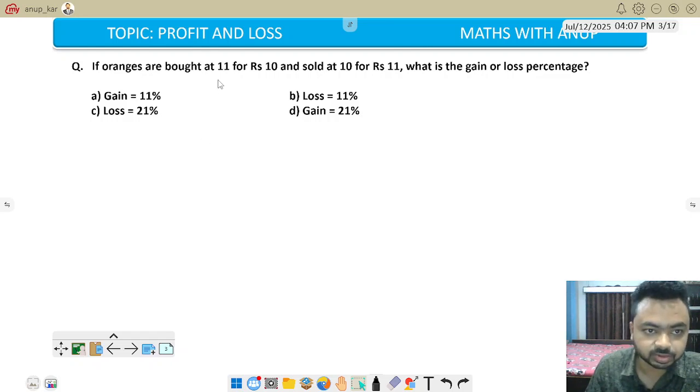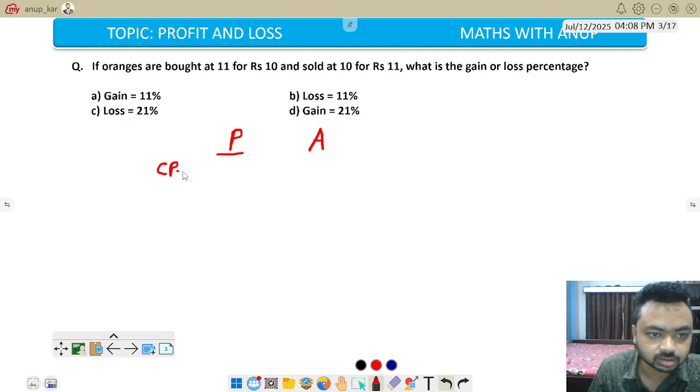First of all, we have to take into consideration the price. Let me write it down. We denote price as capital P, and the number of articles as capital A. For P, oranges are bought at 11 for rupees 10, so my cost price will be rupees 10, and the number of articles bought is 11.